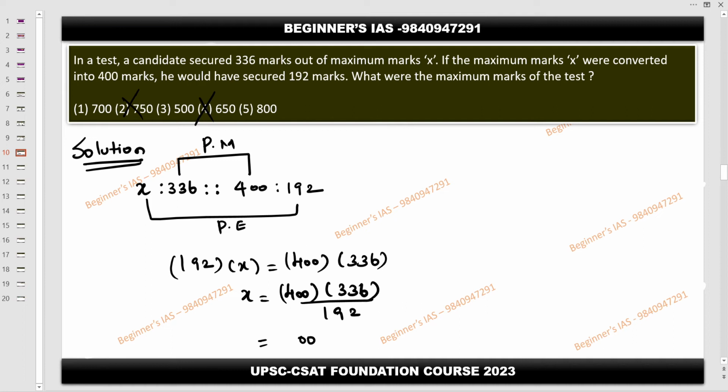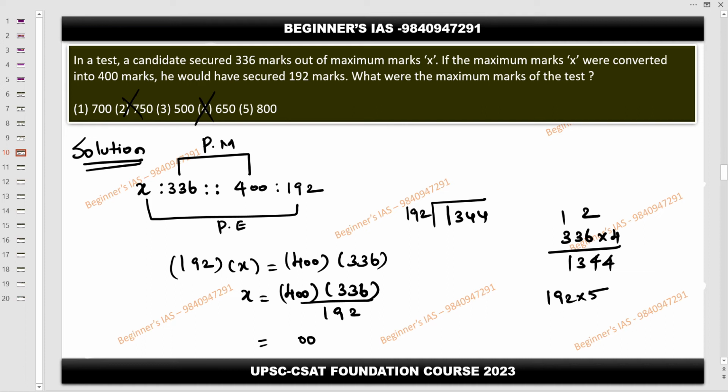Now move on, 336 into 4. 24, 2, 14, 1, then 13. 1344, right? 192. So let us go with the 5 table. 5 means 10 will be there, right?